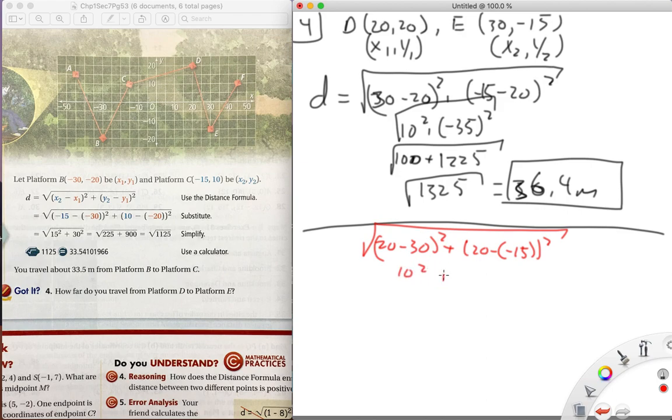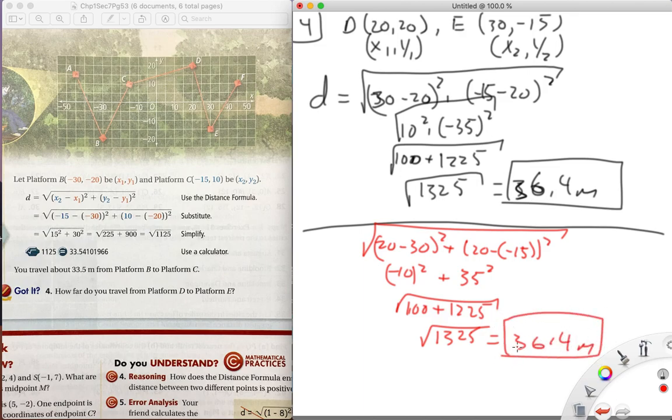Again, this is negative 10 squared, which is 100, and 35 squared, which is 1,225. The total is 1,325, which still gets me 36.4. So the x's I subtract are interchangeable, because we're squaring anyway, the difference will still be the same, and you should get the same answer.